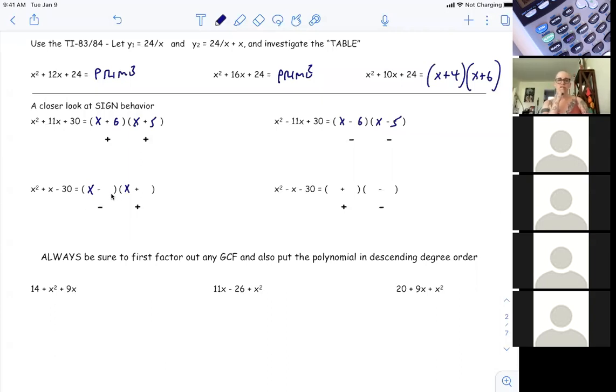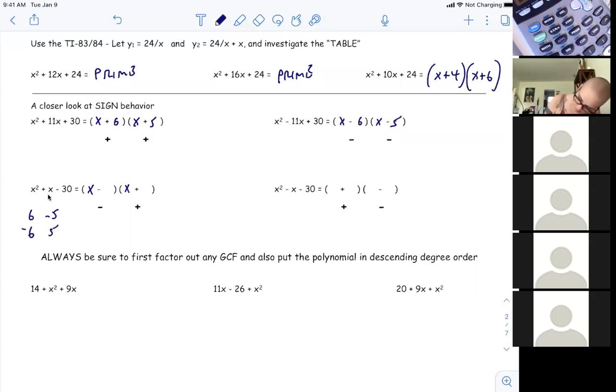We're going to use the 6 and the 5 again, but now we're going to add a negative and a positive, meaning we'll actually subtract, right? And if we do 6 and negative 5, we'll get 1. If we do negative 6 and positive 5, we'll get negative 1. The unwritten middle coefficient here is positive 1. So that means we want to let 6 be the positive number and 5 be the negative number.